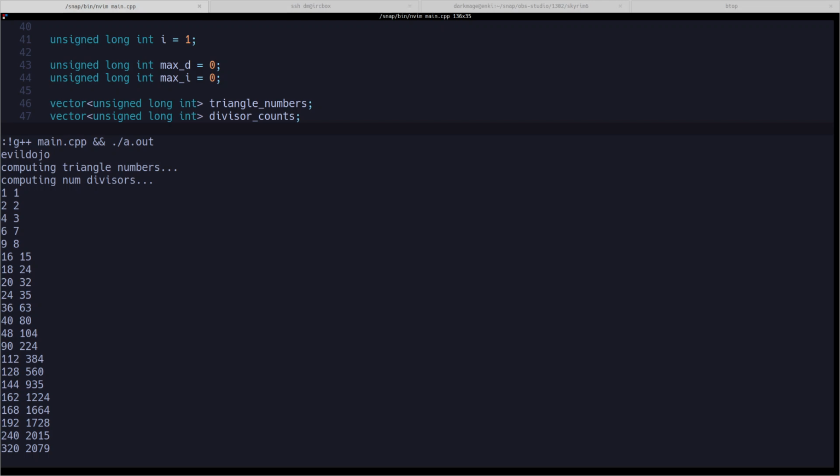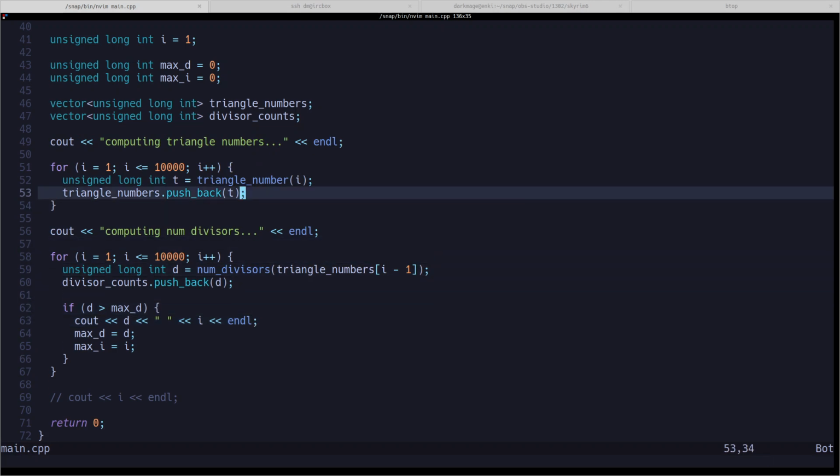So, is there a fast way to compute divisors? Let's think about this.